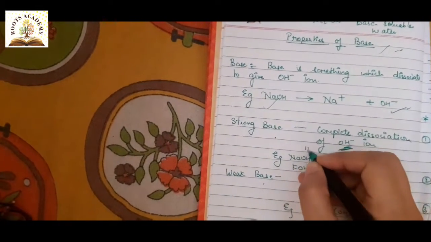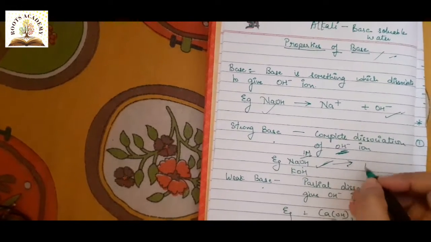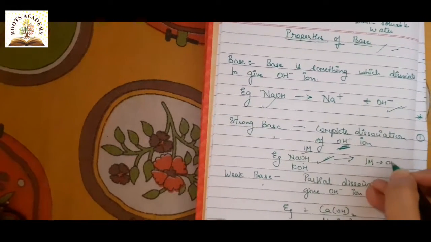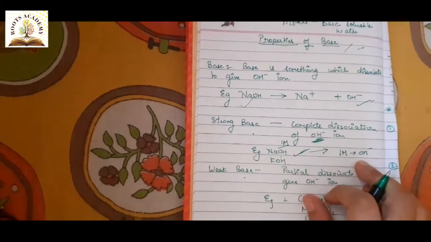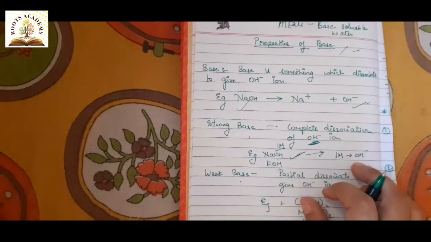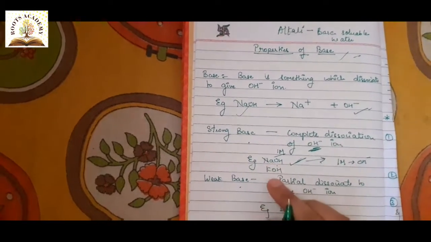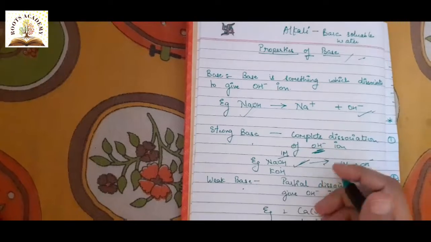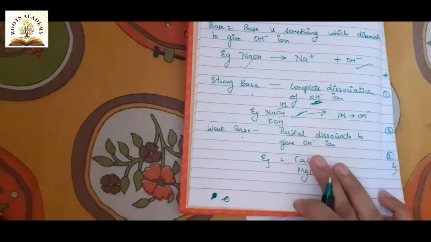If you take 1 molar of sodium hydroxide and dissolve it in water, you will get 1 molar OH minus ion. So there is a complete dissociation. In simple words, if you get a large amount of OH minus ion, it is called a strong base. So sodium hydroxide and potassium hydroxide are strong bases.